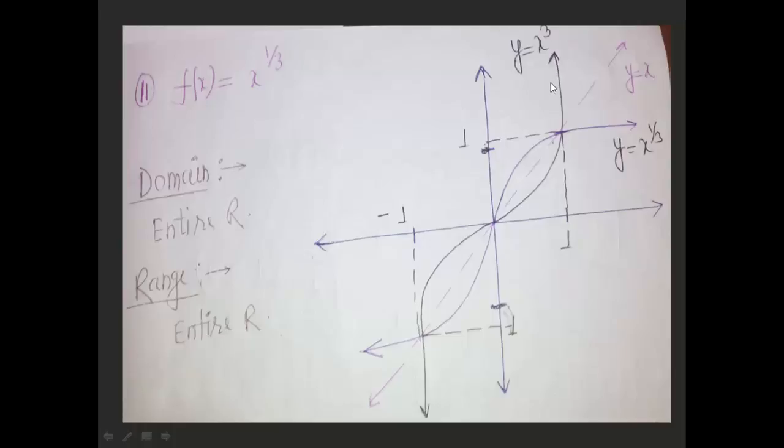So using the graphical method, you can easily draw the graph in 2 seconds and find the value. You can find that the two curves intersect each other at 3 points. This is the first point, this is the second point, and this is the third point. So there are three solutions.